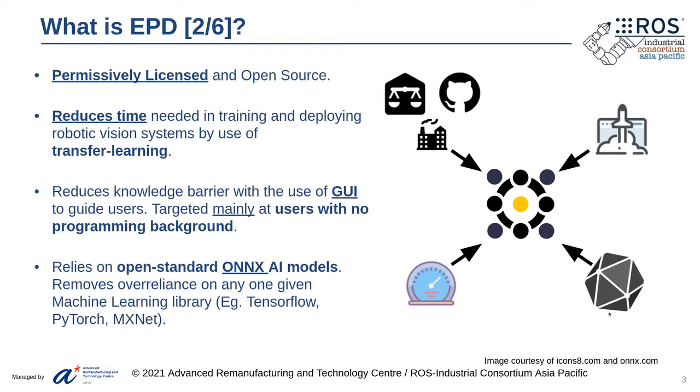The other is in terms of training. That's the first keyword. In terms of training, it is using the concept of transfer learning. By using transfer learning, it takes pre-trained models and then trains on top of them. This is in contrast to creating models from scratch and then training them from scratch.